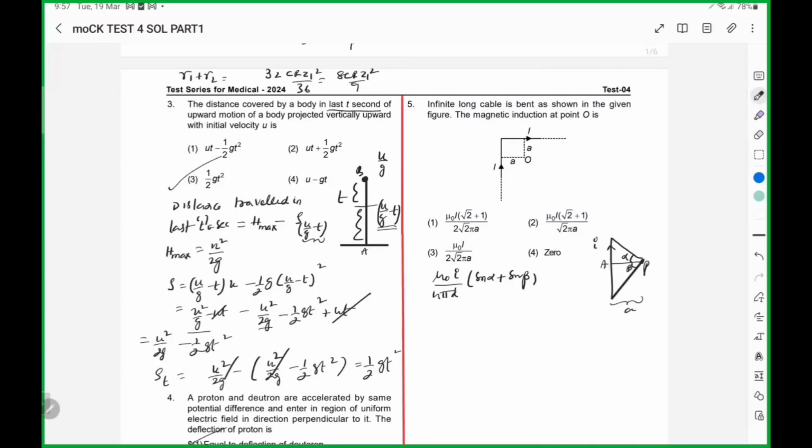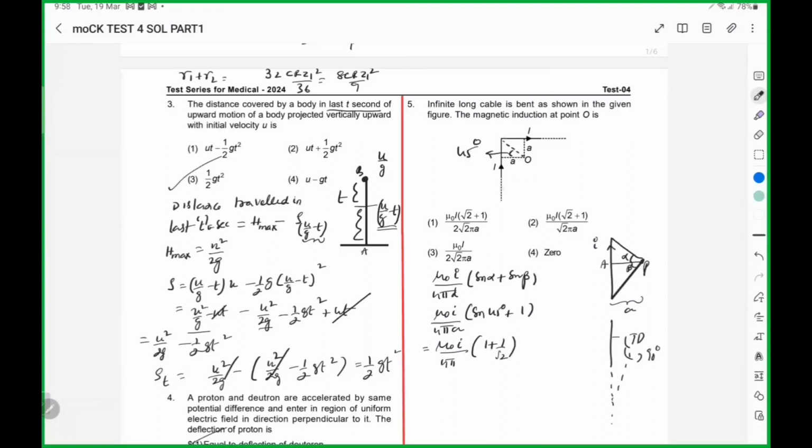In this diagram, one side it is a semi-infinite wire. Once it is semi-infinite wire, this angle becomes 90 degrees for infinite wire. Mu naught I by 4 pi a, and alpha here is, since it is a square, this angle becomes 45 degrees. Beta is 90. Mu naught I by 4 pi a, 1 plus 1 by root 2.